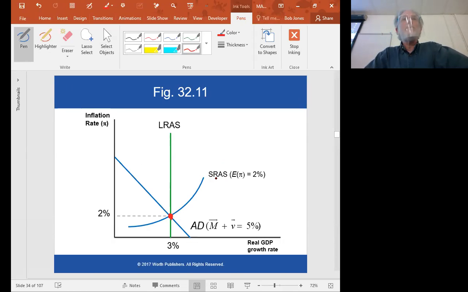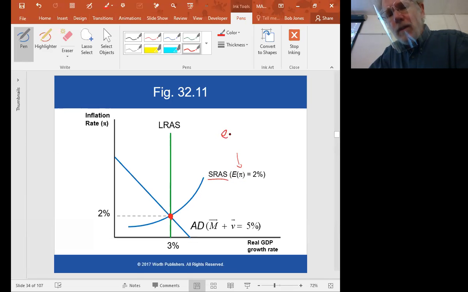SRAS stands for the short run aggregate supply curve. Remember, when you have something in parentheses, it means the short run aggregate supply curve based on or assuming what is in the parentheses. Remember, the pi represents what? The inflation rate. E represents expected.